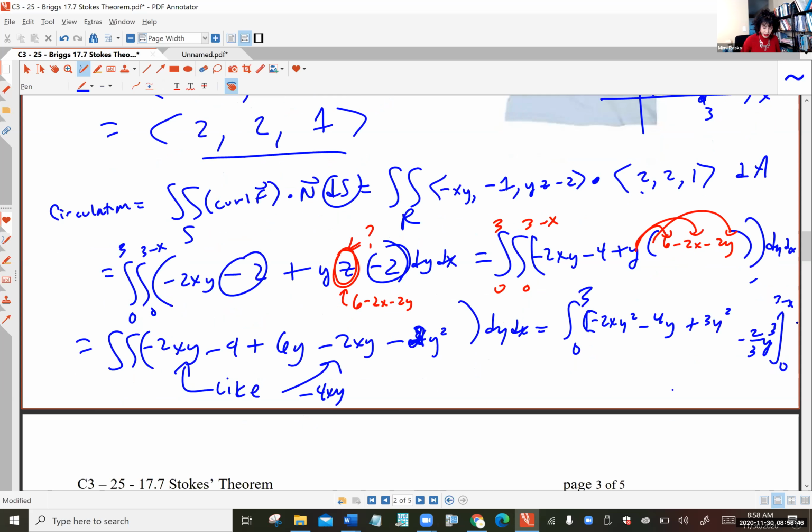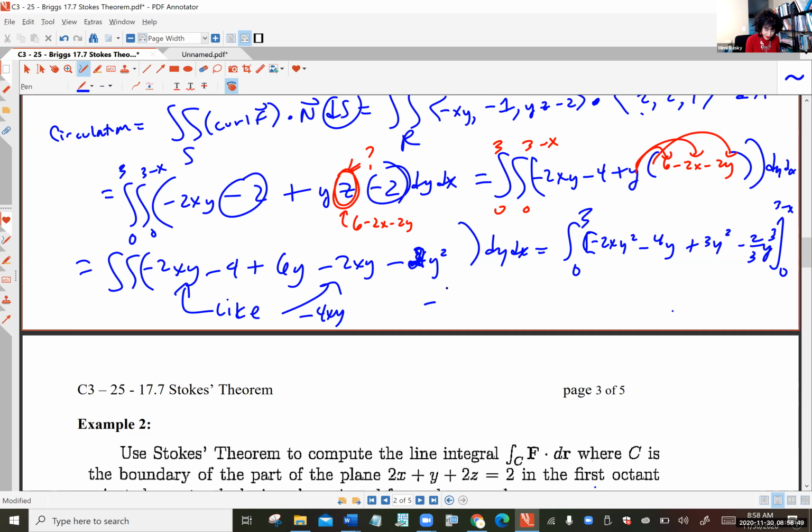This is going to get really messy, because you're going to go minus 2x times (3 minus x) squared, minus 4 times (3 minus x), plus 3 times (3 minus x) squared, minus 2/3 (3 minus x) cubed. That's looking terrible. I'm just going to go et cetera, et cetera. Right now it's a calculus 1 problem. This is where you just call one of your calc 1 buddies and tell them to go do it.